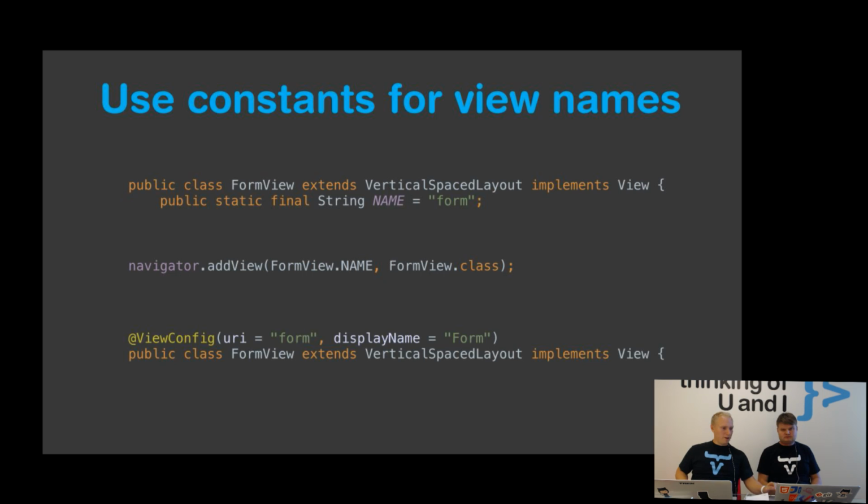In the demo app that I have here, I've taken this a little bit further, so I've defined my own annotation. This is going a little bit overboard, but the benefit is that I've been able to define not only the URI, but also other meta info, like the display name, which I can then use when I register the view for putting it in the navigation bar, updating the title, and so on.